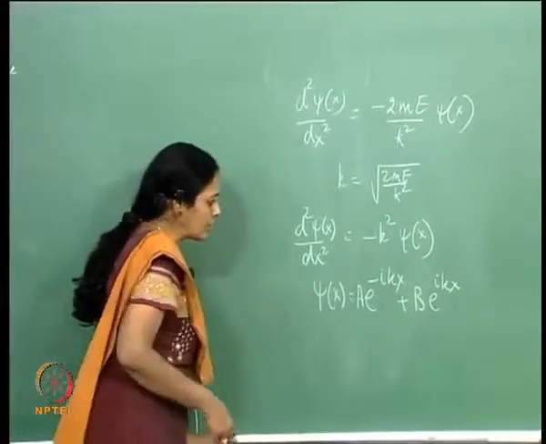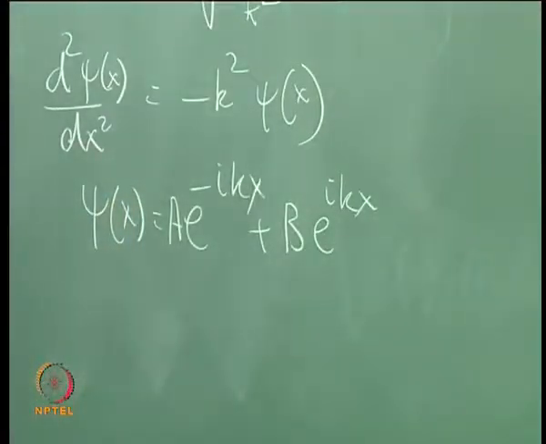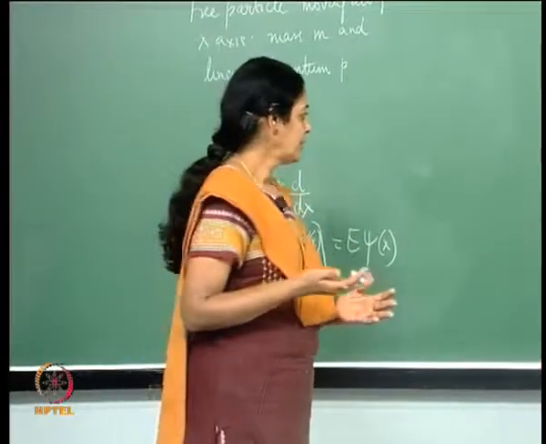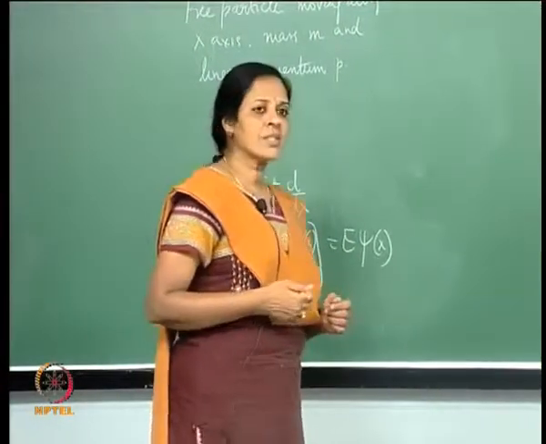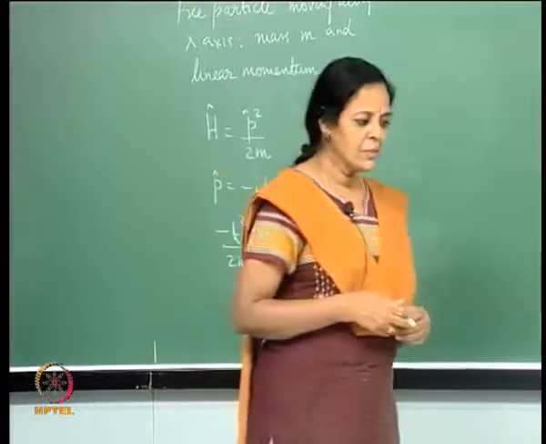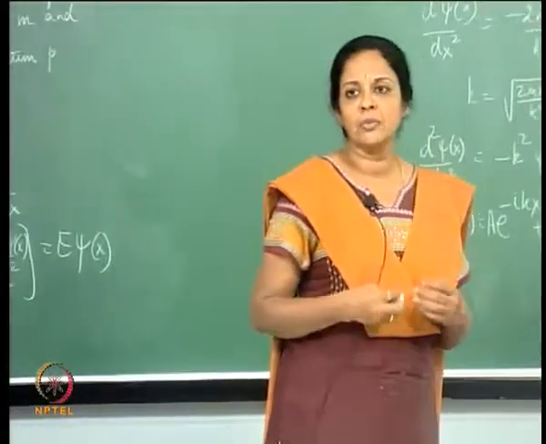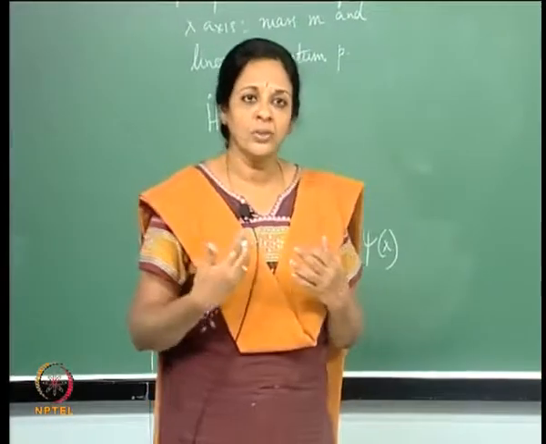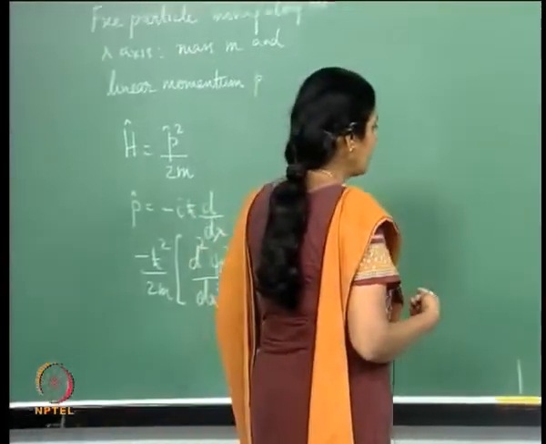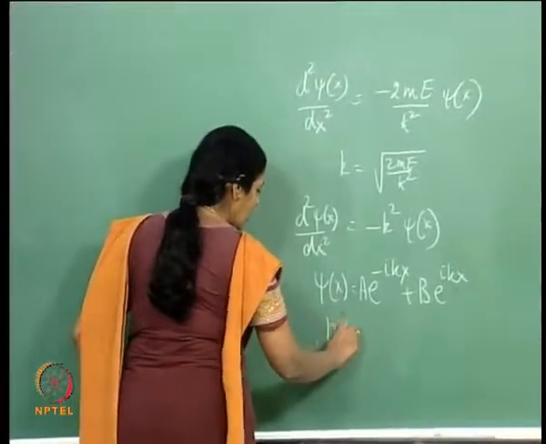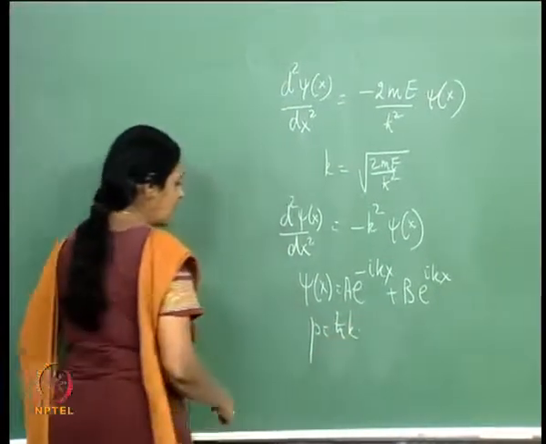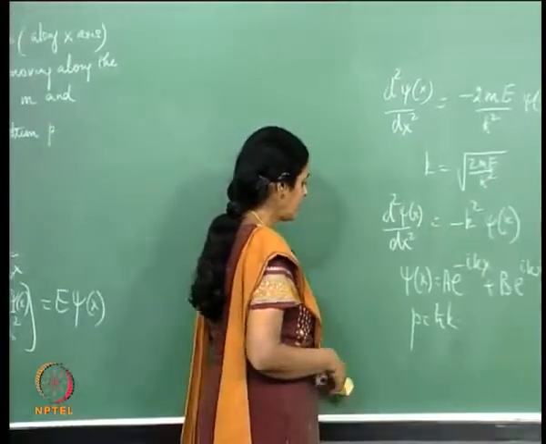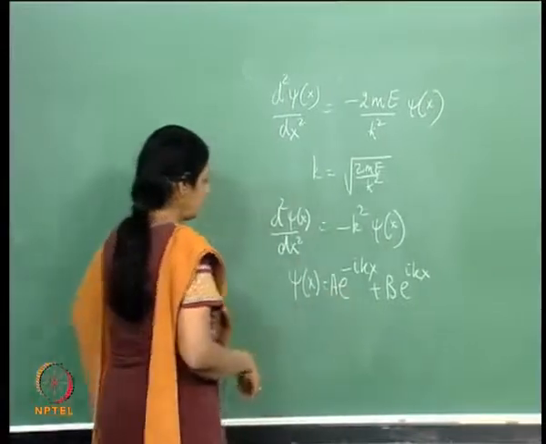One thing is pretty obvious, that the solution is essentially a harmonic wave. This is simply a fallout of the de Broglie hypothesis, that matter has harmonic waves associated with it. The momentum p would be h cross k, and in general E would be h cross omega, where omega is the angular frequency.